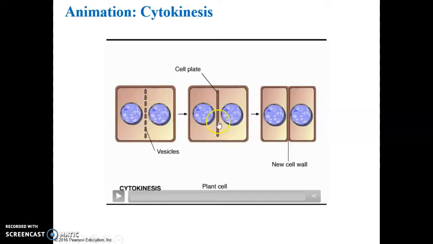That material builds together, forming a solid cell plate, and ultimately when it hits the cell wall, forming new cell wall material in the middle of the original parental cell, and doing so cutting the cell in half, basically forming two daughter cells. And then new plasma membrane, cell membrane, lines the inside of the new cell wall. So that's one of the main differences in cell division between animal and plant cells.